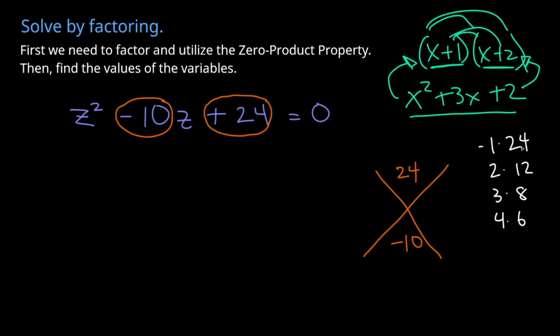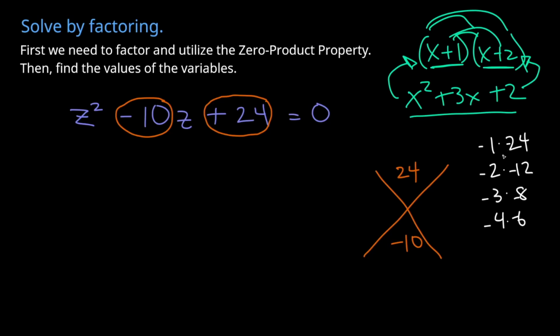So we know that they're both going to be negative, because when we add them together, they'll be negative, but when we multiply these two, they'll become positive. Negative times a negative is a positive. So we're looking for two factors that add up to -10.